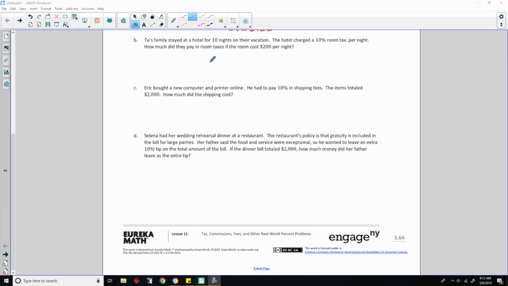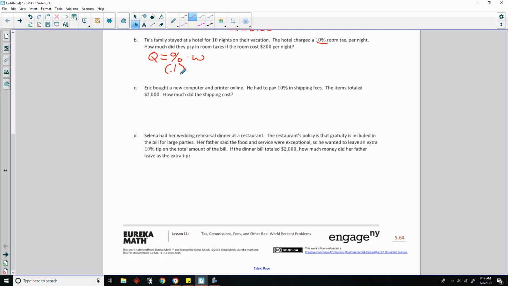Number 2, or part B. Two's family stayed at a hotel for 10 nights on their vacation. The hotel charges 10% room tax per night. How much did they pay in room taxes if the room cost $200 per night? Okay, so again, quantity equals percent times the whole. We're trying to find a quantity here. The percent is 10. That goes here, and that's 0.1.